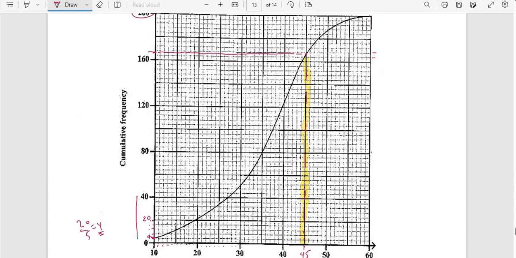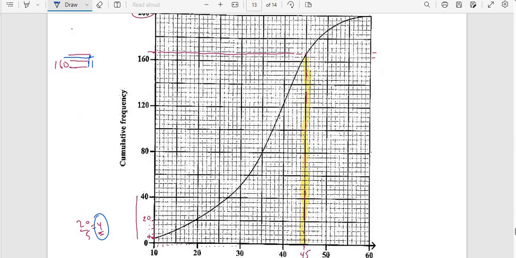Now remember, each of these little boxes has a length of 4, right? So since we're between 2 boxes, we're halfway, that's 2. So let's say we have this 160 here. Every box is 4 units. My correction, so this is going to be 164. This is 168. But we are halfway in between here.